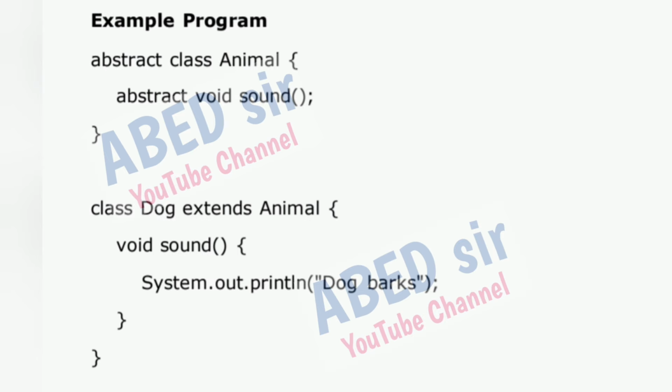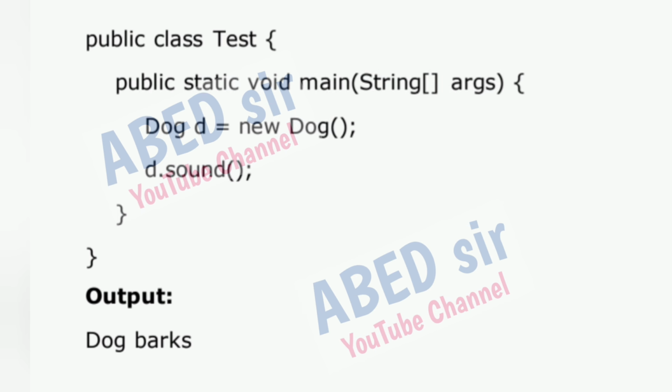Class Dog extends Animal, void sound(), System.out.println("Dog barks"). Public class Test, public static void main(String[] args), Dog d = new Dog(); d.sound(). Output: Dog barks.